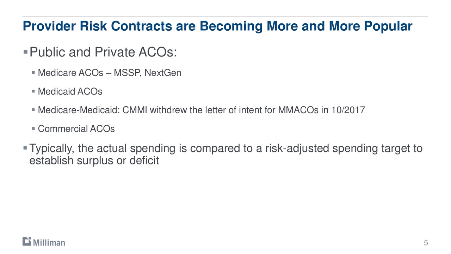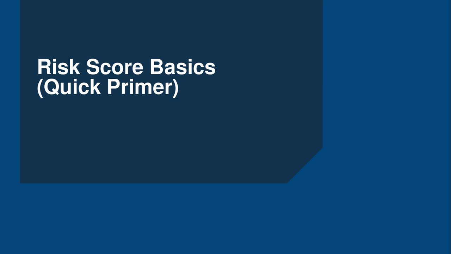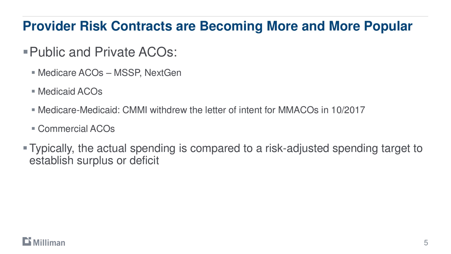The commercial ACOs are arrangements between the private payer and the provider systems that they contract with. For example, in Massachusetts, the pioneer here is the Alternative Quality Contract rolled out by Blue Cross Blue Shield of Massachusetts. That is risk adjusted. It involves more than a dozen systems nowadays, and it's been closely studied.